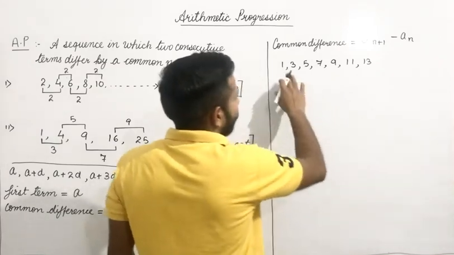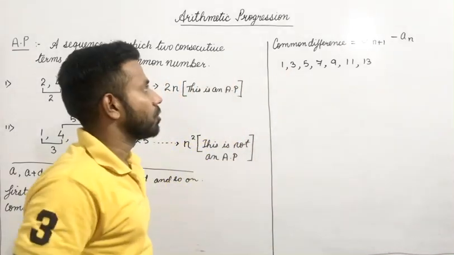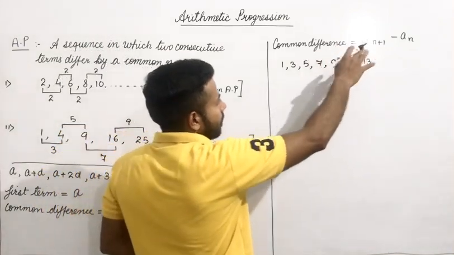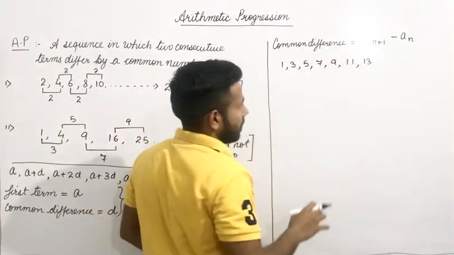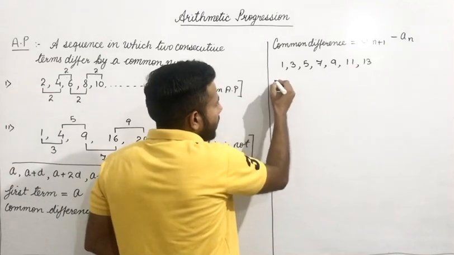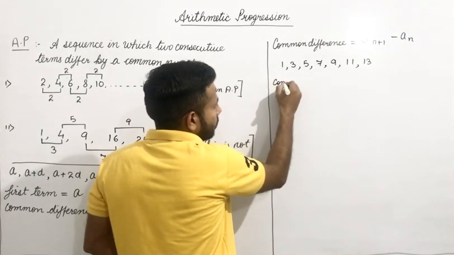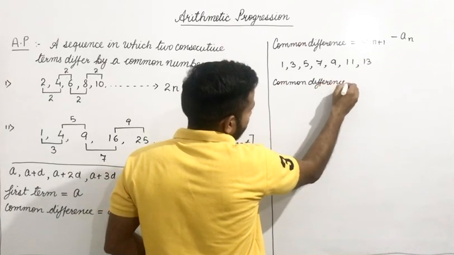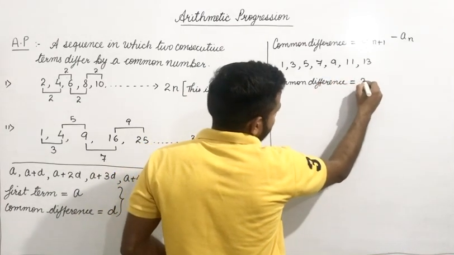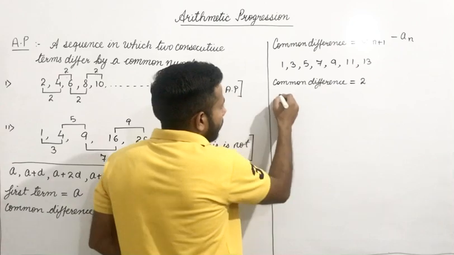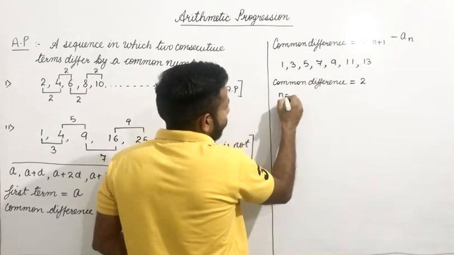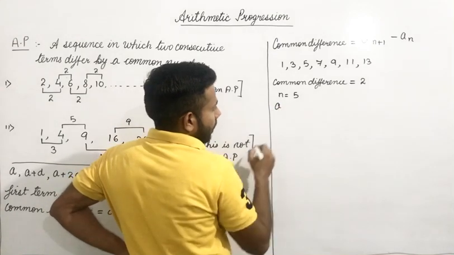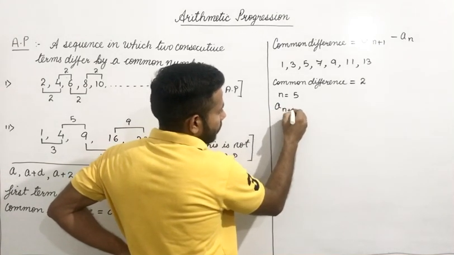So this is an AP. All the numbers differ by a common number, that is 2. Now what does a(n+1) mean? What is the common difference? It is 2. Let us take n equals 5. So what is a(n+1)?